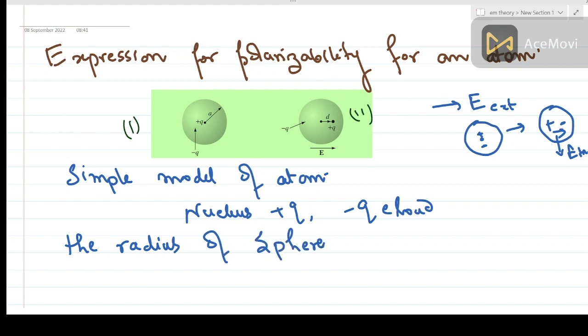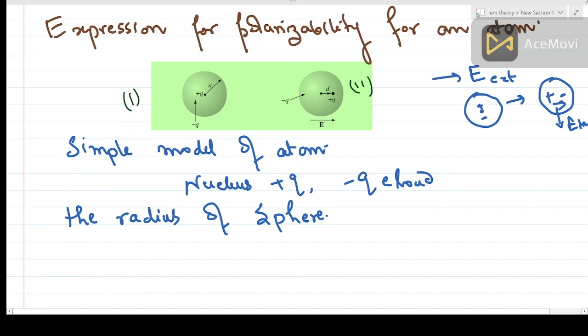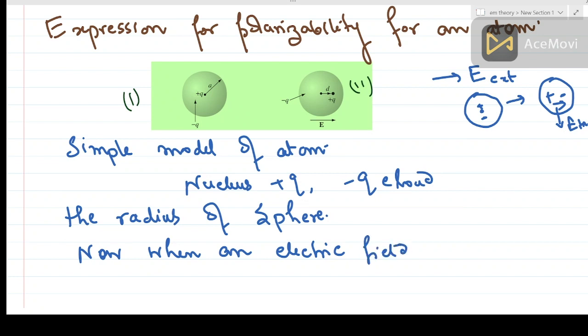Now, on the basis of this topic that I am discussing here, many objective questions are asked. I will tell you what type of questions are asked. So this is the situation, this is the spherical distribution. Now what happens when we apply an electric field? Now when an external electric field is applied, what happens?